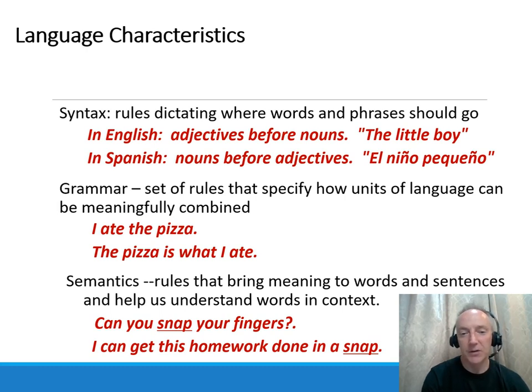We definitely rely on semantics when we are able to understand a sentence that uses a word, but in different contexts, that word has different meanings. So we can use the same word like snap, and because of the context in which we're using that word and the words around it in the sentence, we can understand it means something different when I say, can you snap your fingers? Or I can get this homework done in a snap.